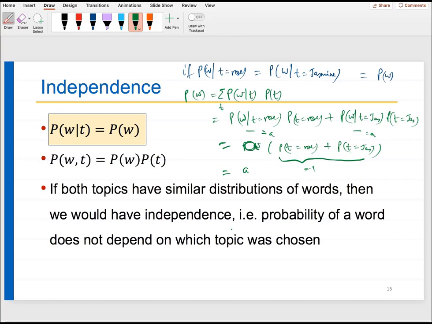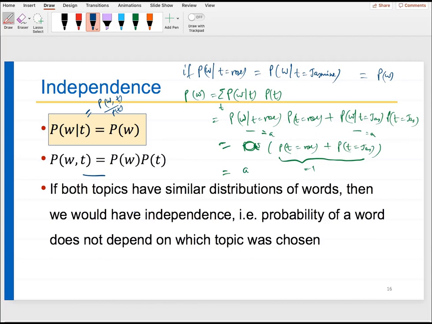You can also express probability of W given T, so the left hand side is equal to probability of W comma T upon probability of T, right? And you can take the P(T) to that side and you get this. This is a slightly different connotation. It means that if you have a joint distribution of two variables, then you can decouple them because they are independent.